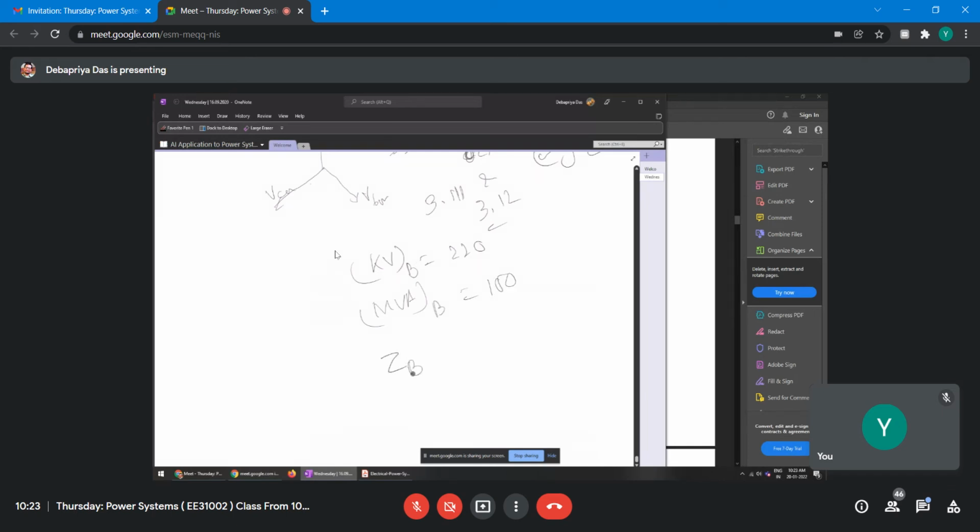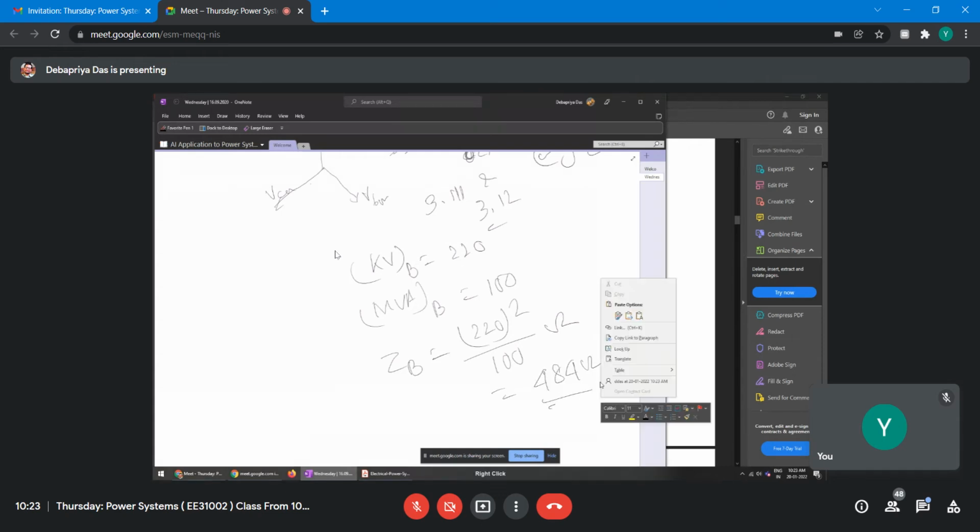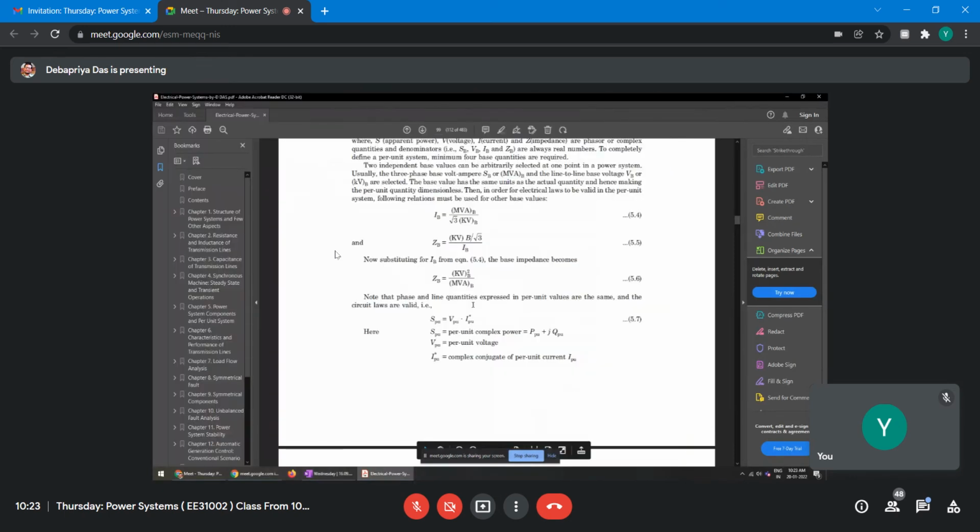Therefore ZB is equal to kV base square, that is 220 square divided by 100 ohm. That is actually 484 ohm. This is the base value, right? That's why it is kV square base upon MVA base.